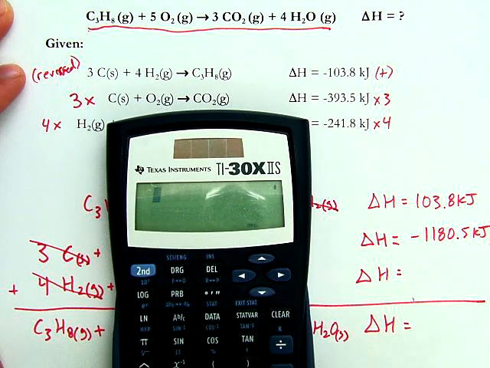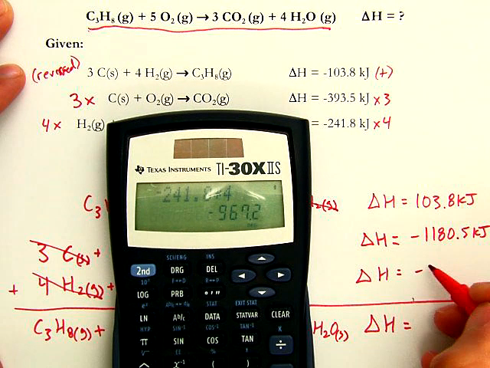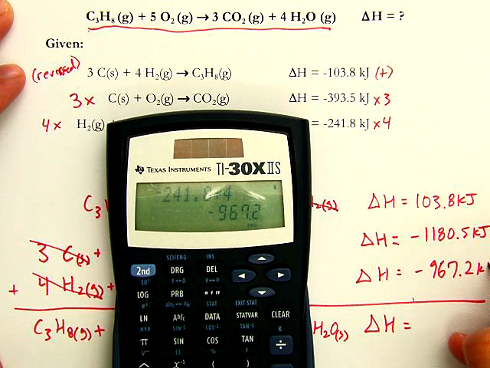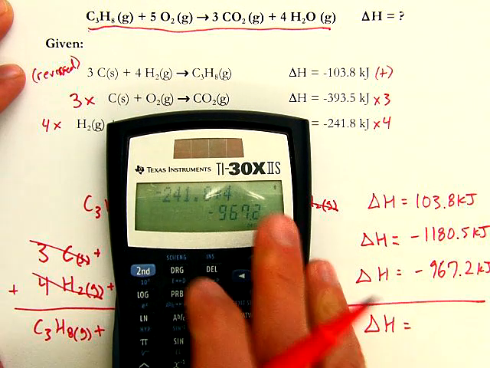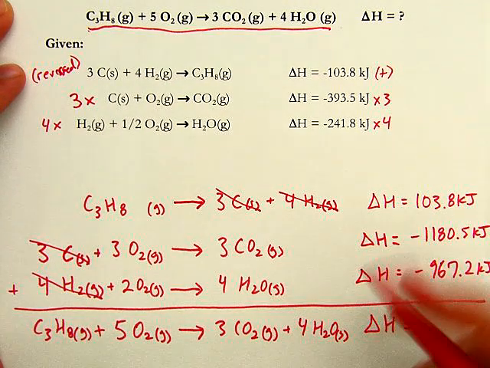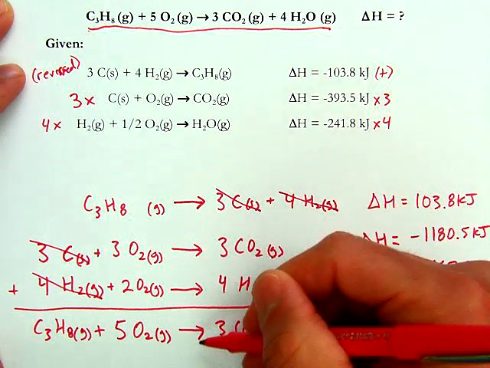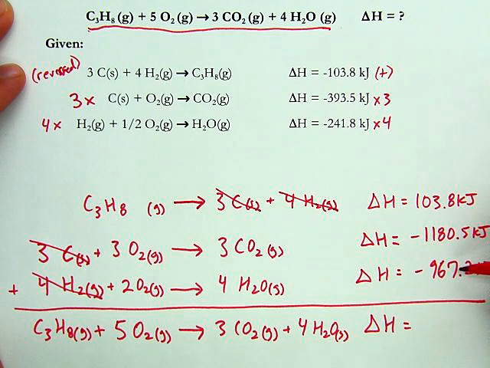So if I take minus 241.8 times 4, I get minus 967.2 kilojoules. Okay. So now that I have done these things to the H signs, if we could add these together to get this, now I can add these together to get this, which is my ultimate goal.